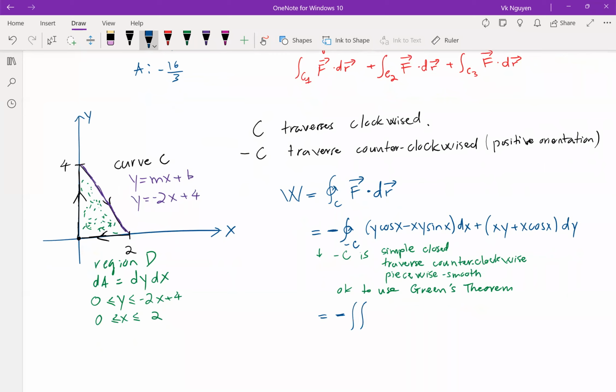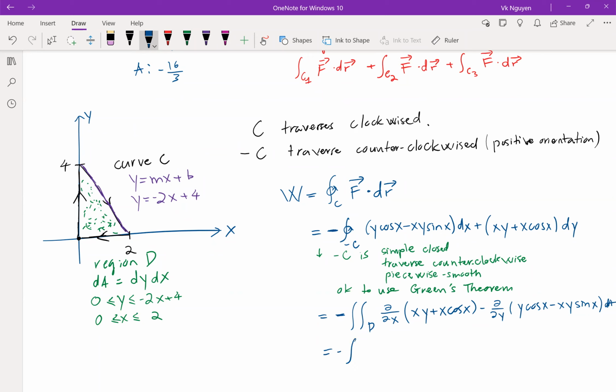It's going to be the double integral over the region D of the partial derivative with respect to x of xy plus x cosine x, minus the partial derivative with respect to y of y cosine x minus xy sine x, dA.